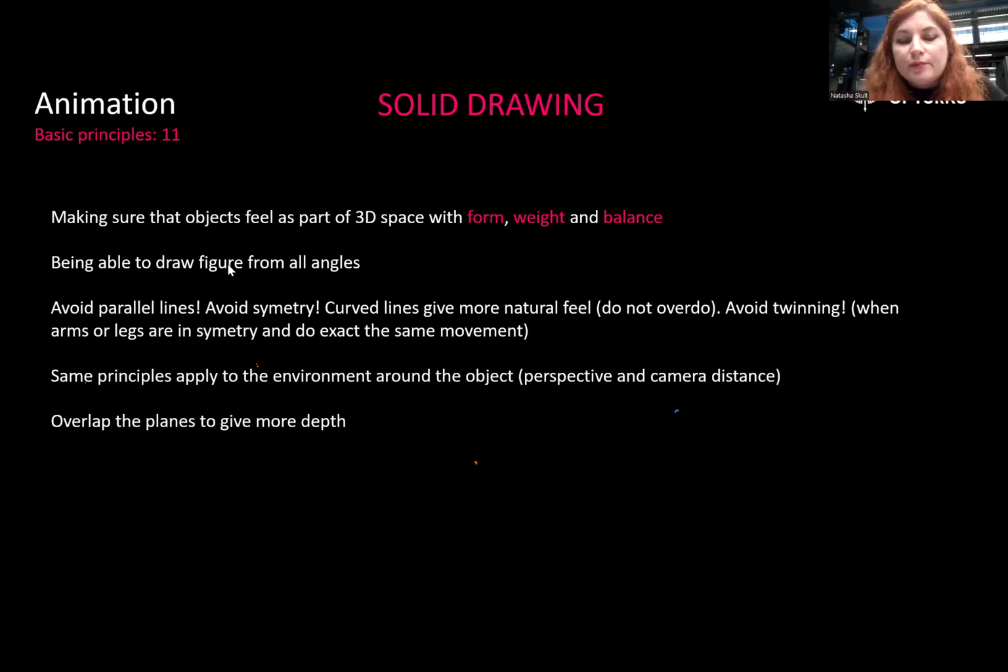And basically solid drawing really refers to whether you can recognize the main thing that's happening from any angle. Especially you want to avoid parallel lines or any accidental pattern creation, so curved lines will give you a more natural feel. You also want to avoid twinning, having similar things repeating on the screen.